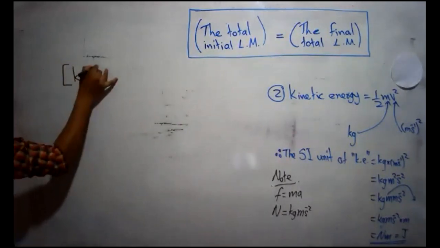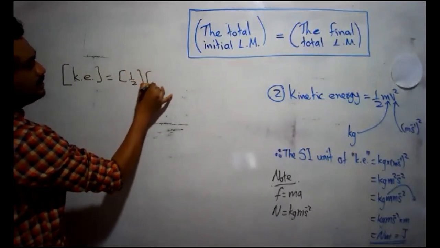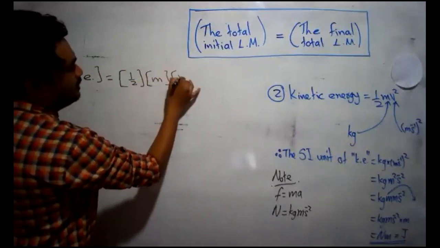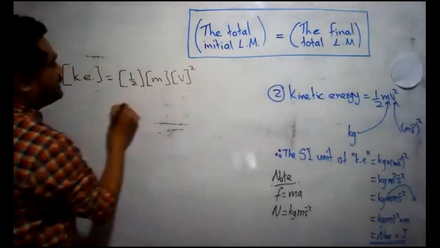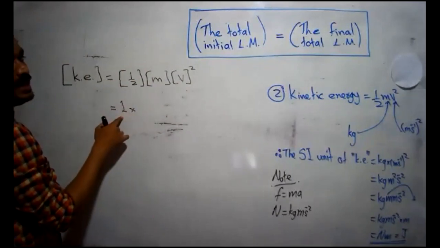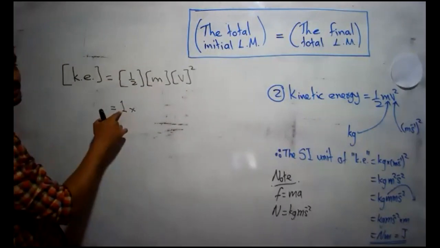Dimensions of kinetic energy equals dimension of half times dimension of mass times dimension of velocity squared. Half is a number, so I put 1 there to indicate no dimensions. Numbers do not have dimensions, please remember.